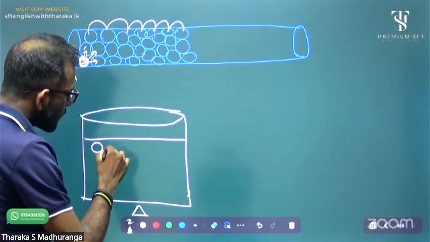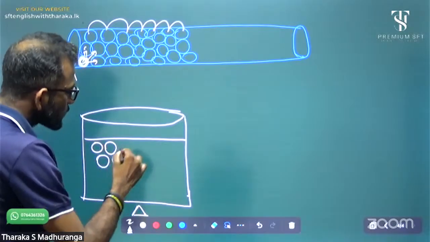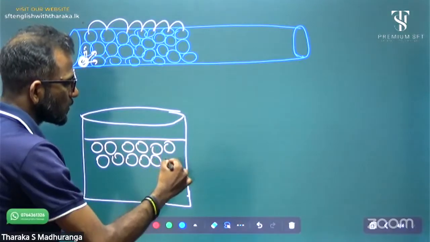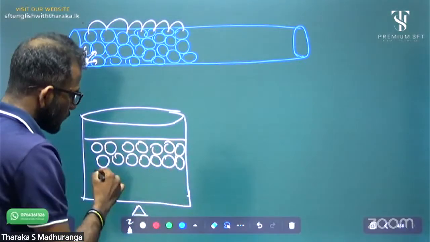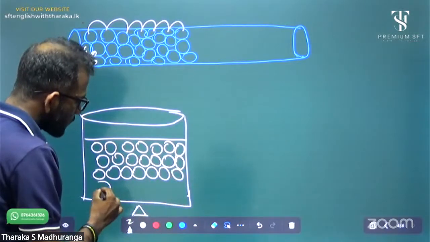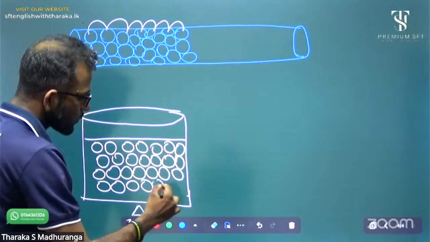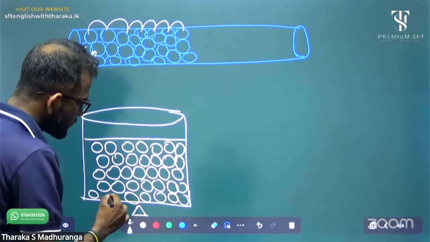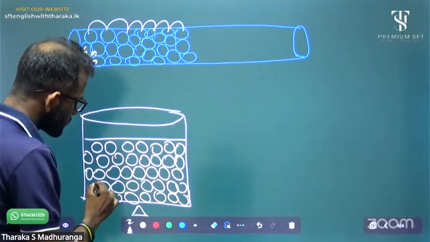Water molecules are closely packed, but not compacted like a solid. They have medium intermolecular bonds, not compacted like a solid. These are the liquid molecules.